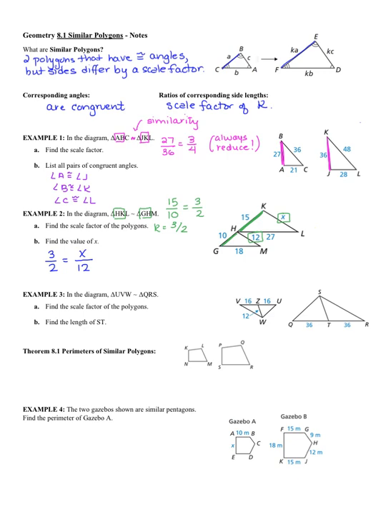Please make sure you set up that second ratio in the right direction. And then we do that lovely cross multiplying that you guys learned about in Algebra 1. So this means I have 2 times X equals 3 times 12. And dividing by 2, we get that X is 18. Okay?